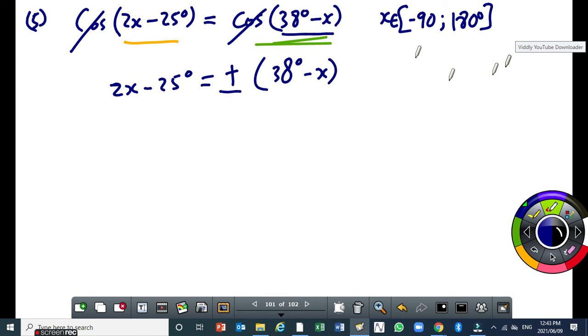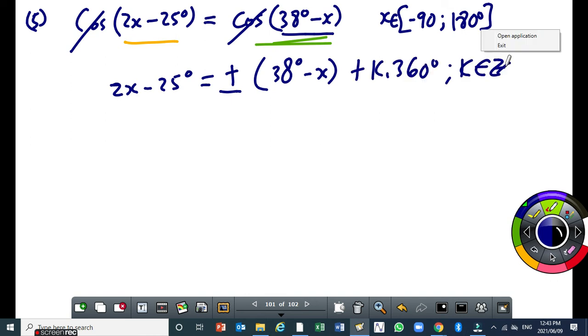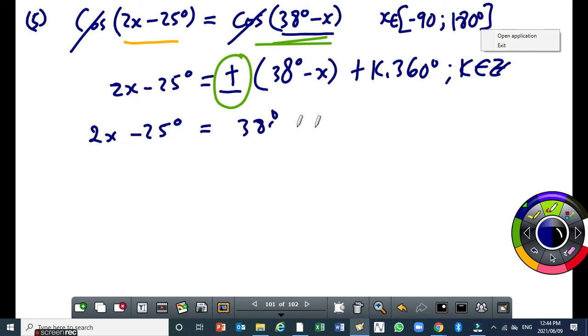Then to solve this now, we have to separate the two equations because of that plus or minus. So let me consider the positive first. I have 2x minus 25 degrees equal to 38 degrees minus x plus k times 360, where k is an integer.